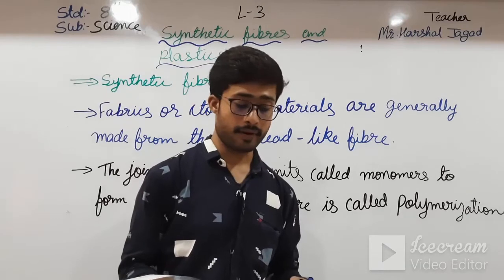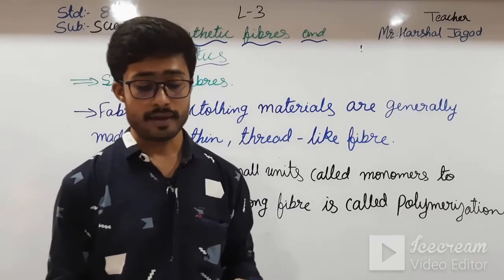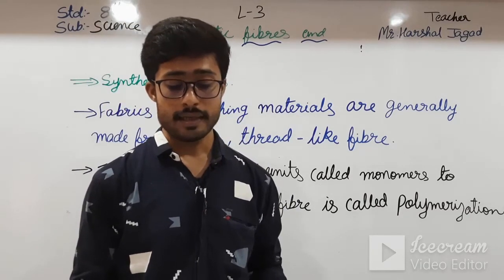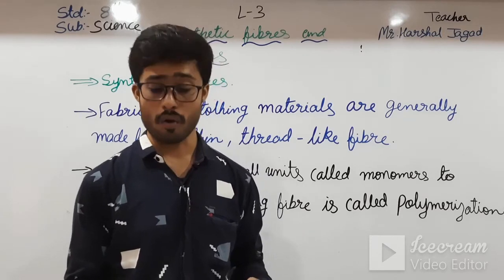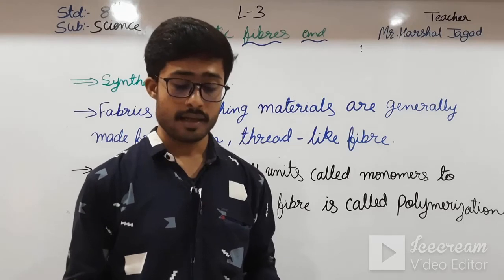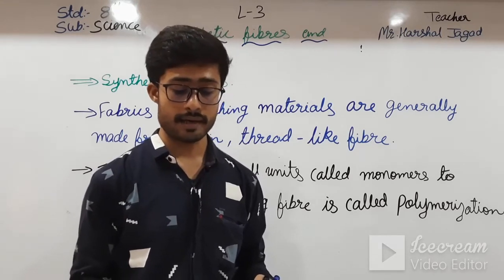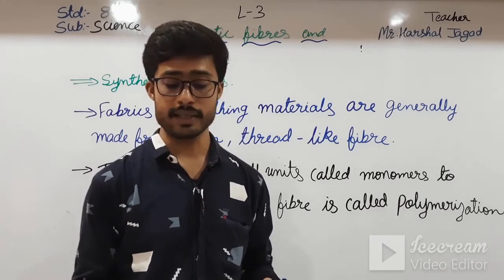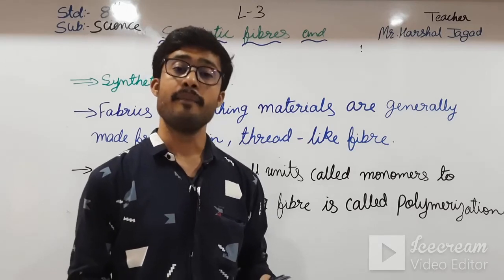A synthetic fiber has a large number of similar repeating units joined together to form a long strand like beads on a string. The structure is a strand of similar beads where each bead represents a monomer.